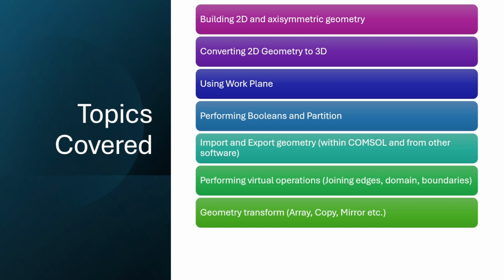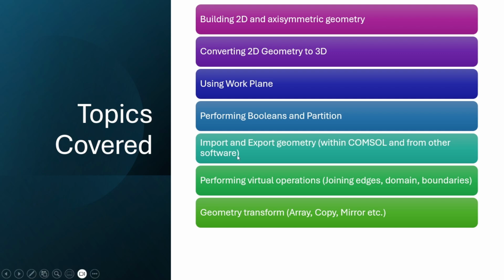You can import geometry as an STL or as a binary file in COMSOL, and also you have the option to export the COMSOL geometry into the other software as well. So these import and export options I have been using a lot, and they have been very useful to me.